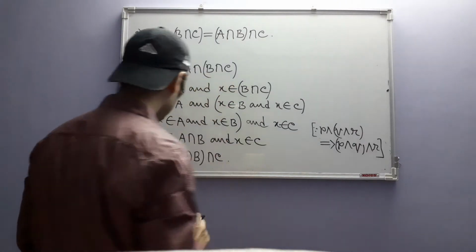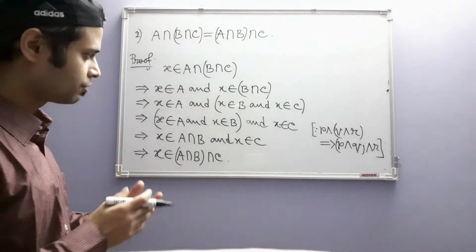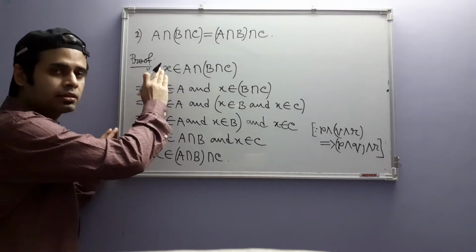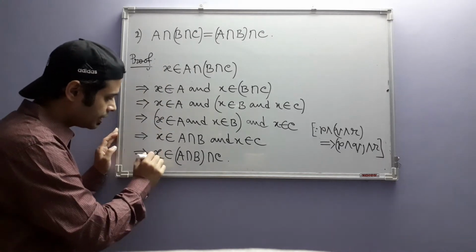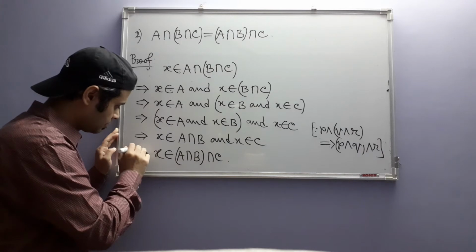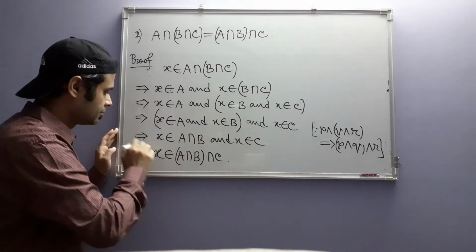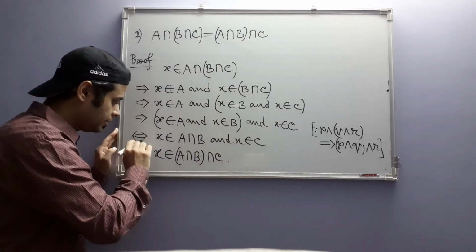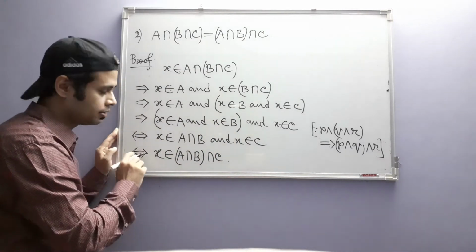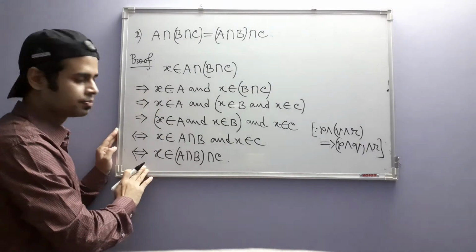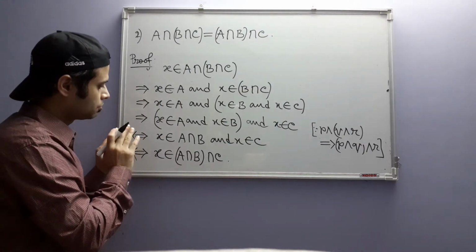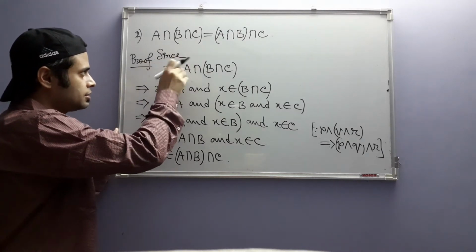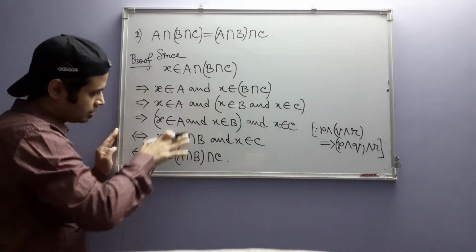And as we have already discussed, this can be done in the other direction also. If you take an element in this set, that implies this, this implies this. Now, if you are writing double implication, actually you can carry out a proof like this. For that, you write since these statements are equivalent.